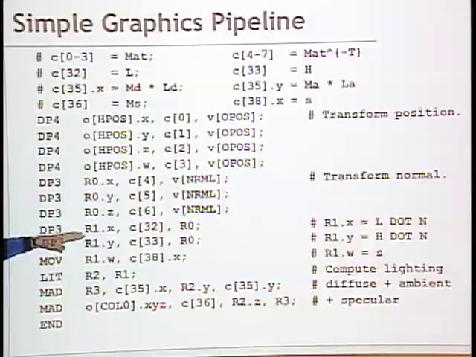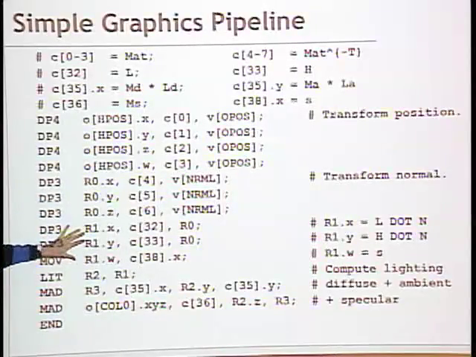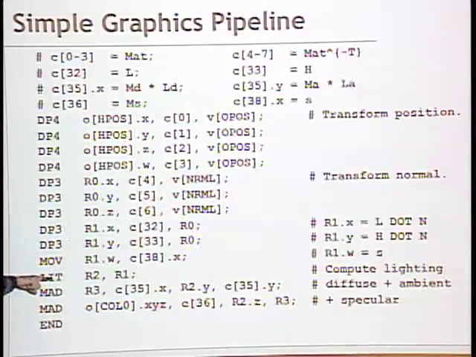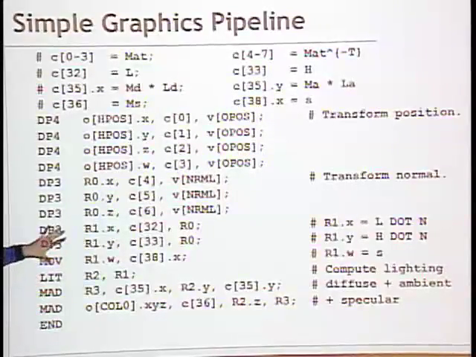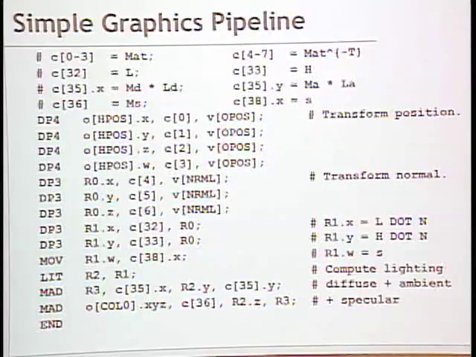This is calculating the starting part of the lighting model, and then lit, this magic instruction that does all the blend lighting model. Bam. It takes these 3 things and then does everything else in it. And then you add them together using these instructions here. So lit does a lot in there, although clearly it doesn't do everything. So this is 13, 14 instructions. So you better make sure that's at least as fast as doing it in fixed function hardware.